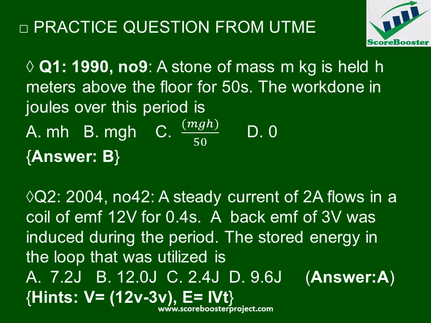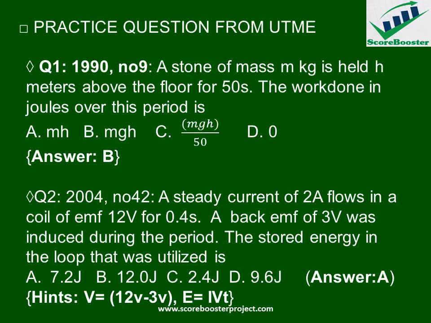Now on to practice questions from the UTME, and the first question presented to you here comes from 1990 number 9, and the question goes thus: a stone of mass m kg is held h meter above the floor for 50 seconds. The work done in joules over this period is dash.